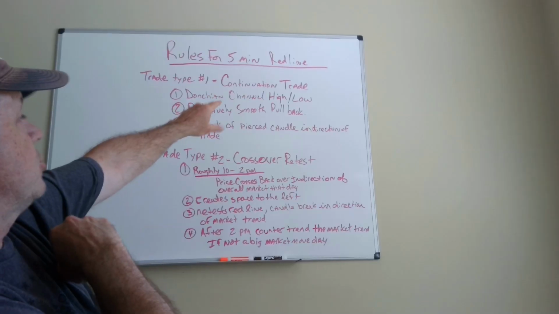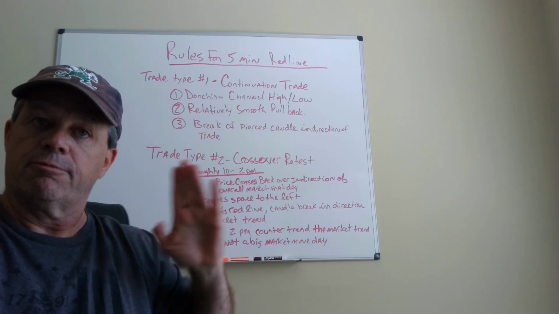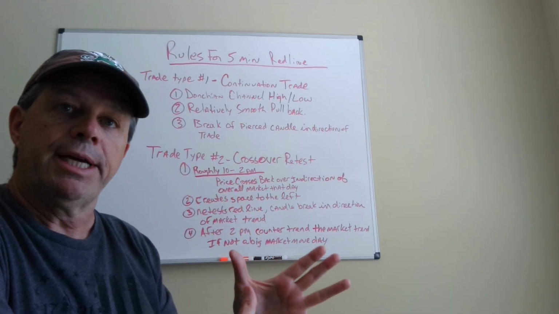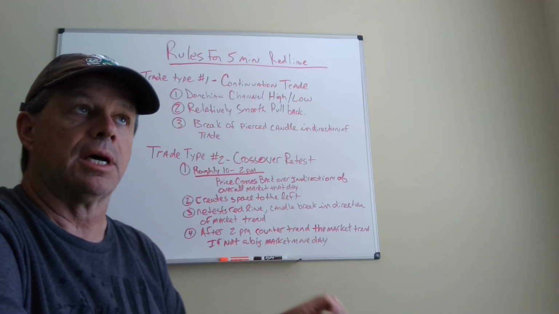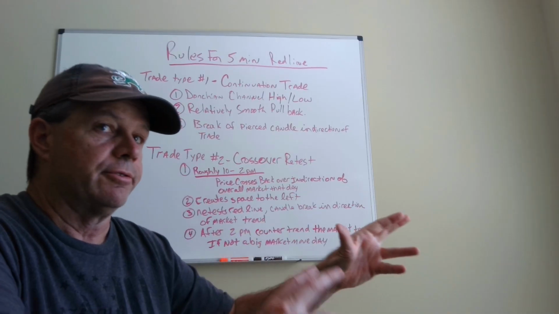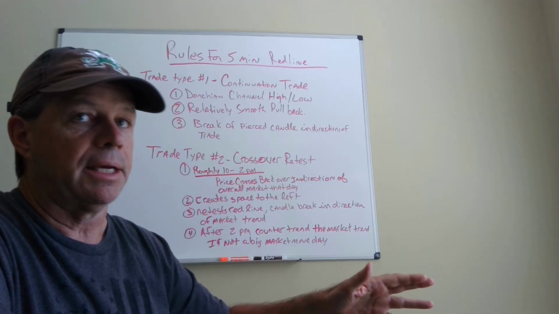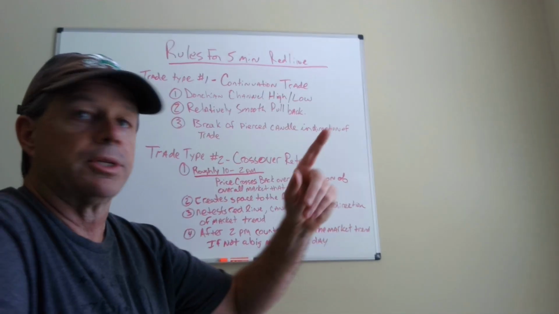With the continuation trade, let's talk about this as if we're going long. It's a beautiful trade when it sets up. It doesn't set up often. I don't sit here and stare for it. But when it does, man, it really works like butter, and it'll make you some really good money.